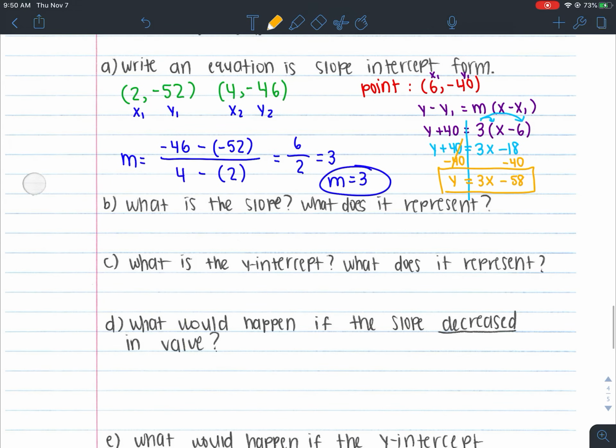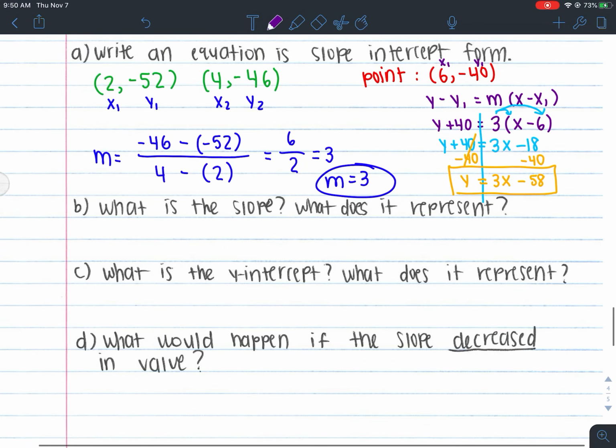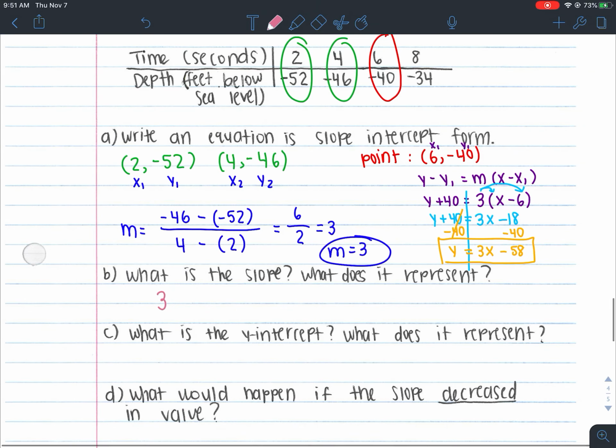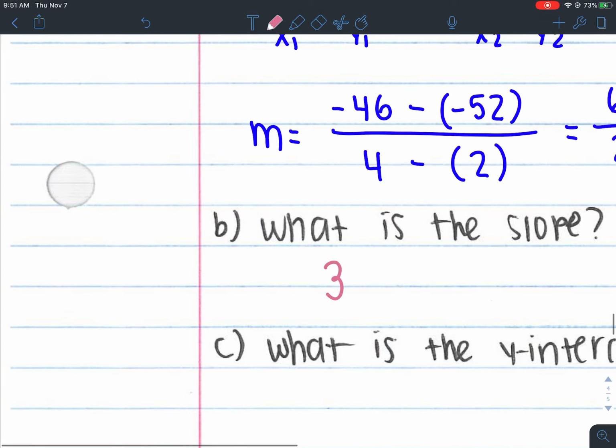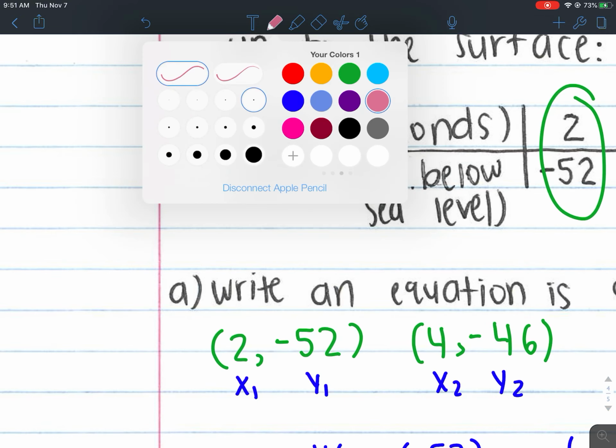Let's answer these questions. What is the slope and what does it represent? Our slope from the equation is 3. What does it represent? Well, what is the diver doing? He's rising to the surface. Remember that slope is always change of y over change of x, so y is on top. Was y our depth or our time?